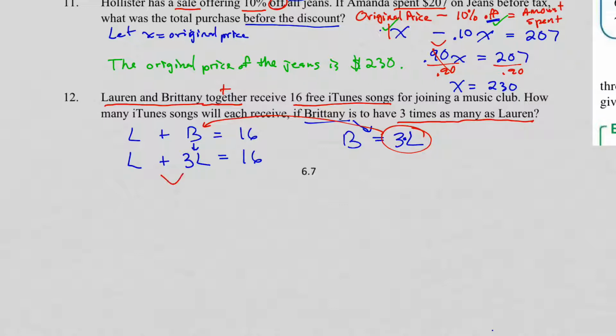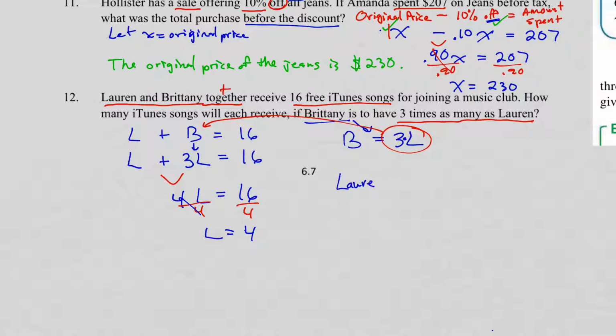That's 1L plus 3L is 4L. Divide both sides by 4, and we get L equals 4. So what is this saying?